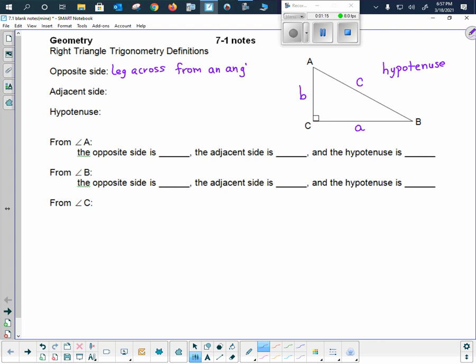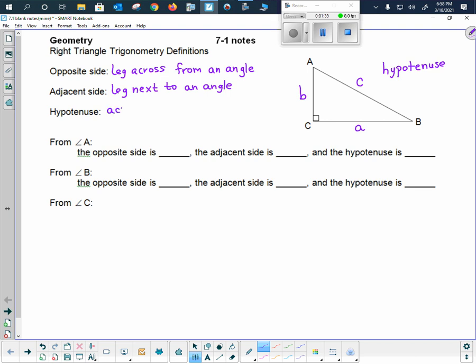But the key there is that it's a leg. Okay, it can't be the hypotenuse. An adjacent side, if you're adjacent to somebody, you are sitting next to them. So an adjacent side is a leg next to an angle. Again, key is that it's a leg. It can't be the hypotenuse because the hypotenuse stands by itself.